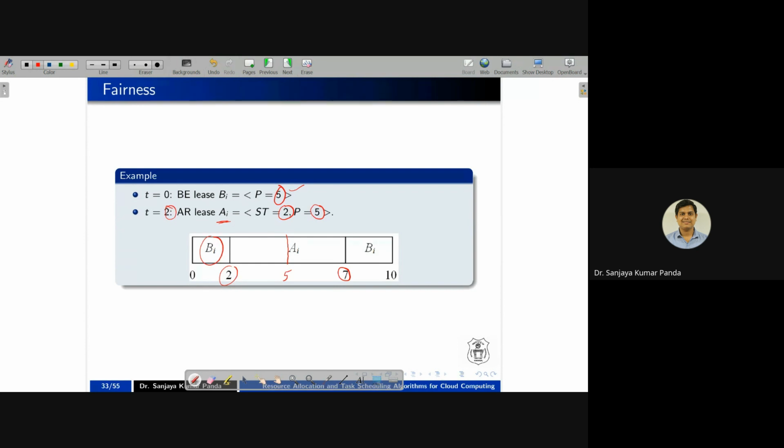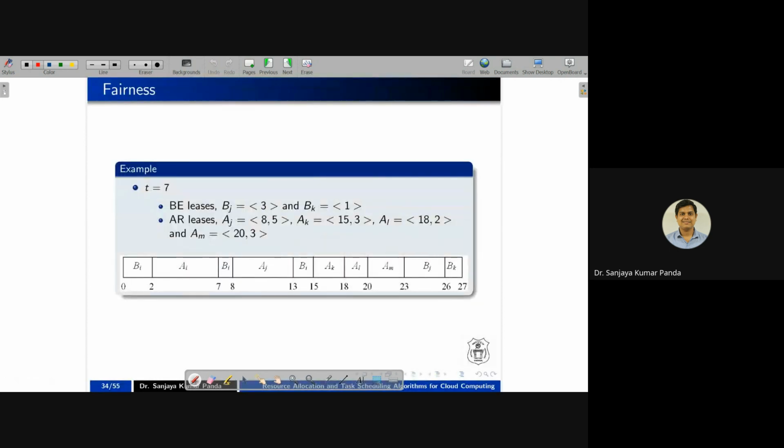Once it has completed its execution at 7 units of time, the 3 units left for this best effort task, as just 2 units were completed, it has to execute after the AR lease. But suppose at 8 units of time, not 7, another set of AR leases arrives. So the best effort lease has executed 2 units and 1 unit is left.